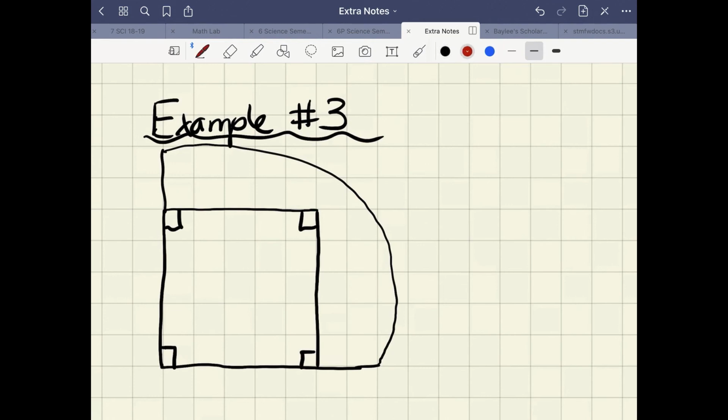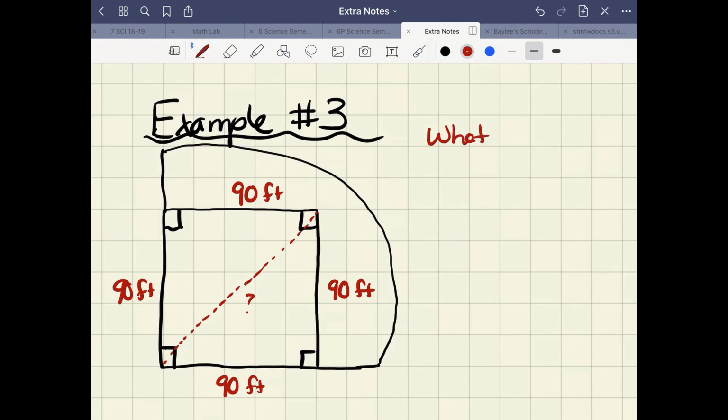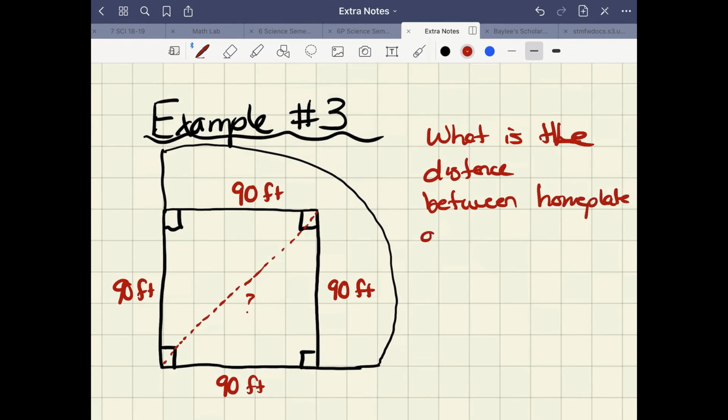And the distance between the bases is 90 feet on each side. And so the question that I want to know is, what is the distance between home plate and second base? Go ahead and try this on your own right now.